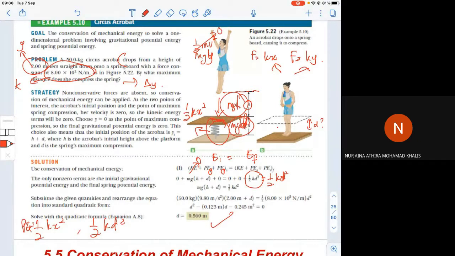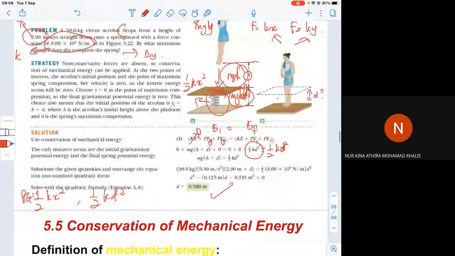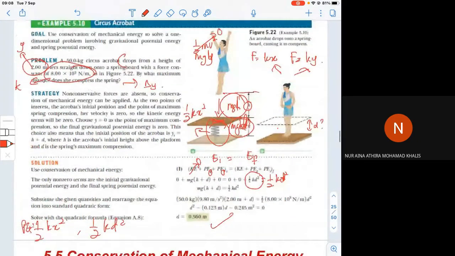Okay, 0.56 meters. So this is a very good example. It not only involves work, but in terms of non-conservative work and also conservative work, which we will explain in terms of kinetic energy and potential energy of the springs.